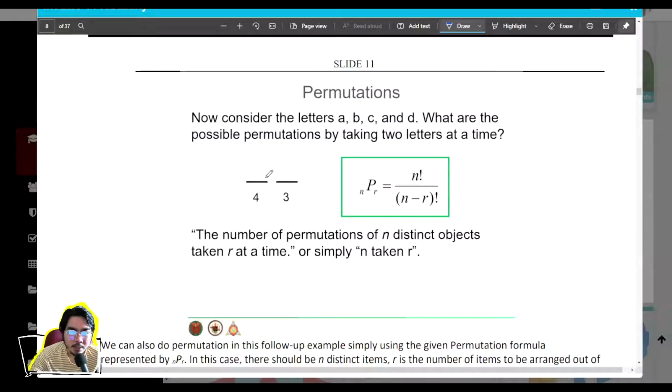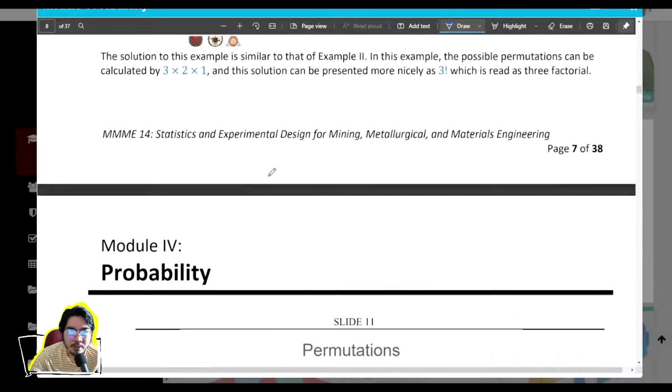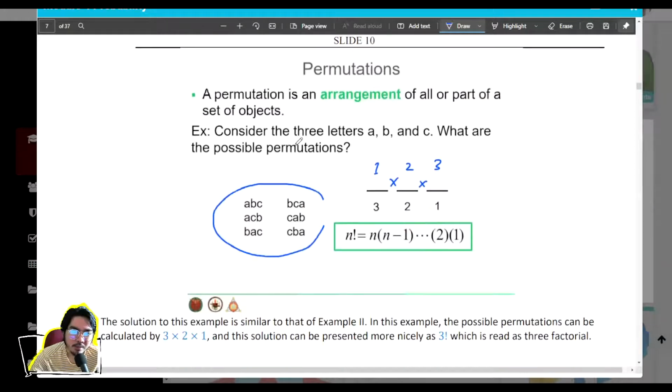So a permutation, let's consider this a unique permutation kasi this is the number of arrangements of 3 letters taken 3 at a time. Okay? So meaning meron tayong 3 available letters, tapos we are permutating, taking all of those letters at a time, no?